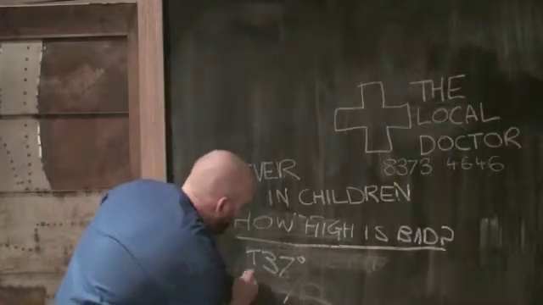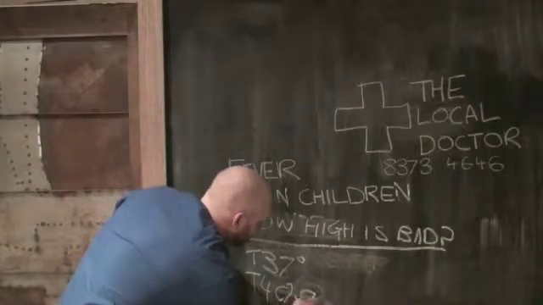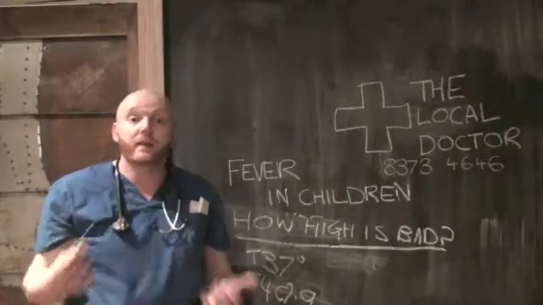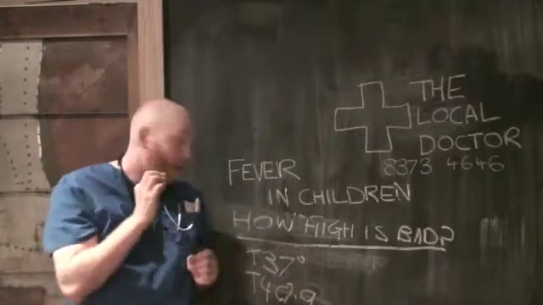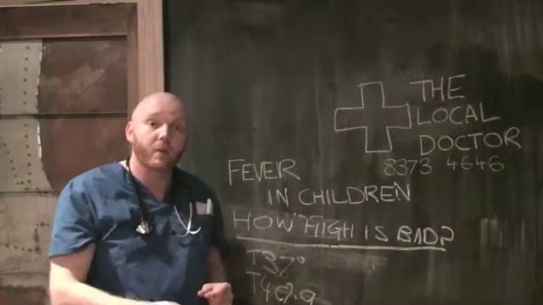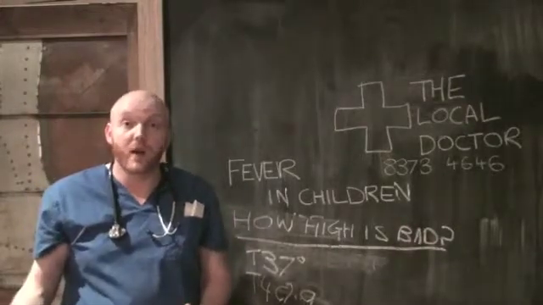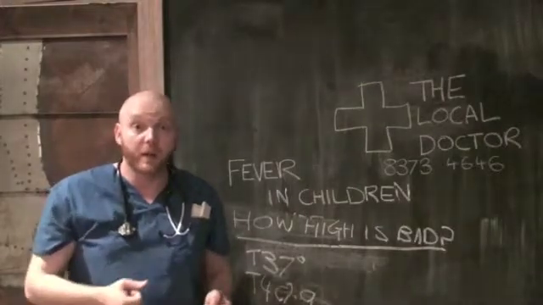But at the same time, a child can have a temperature of 40.9, so a very high fever, and have nothing more serious than a runny nose. So it's not the height of the fever that's important. It's what's causing the high fever, and that's why it's important to always be checked out by a doctor.